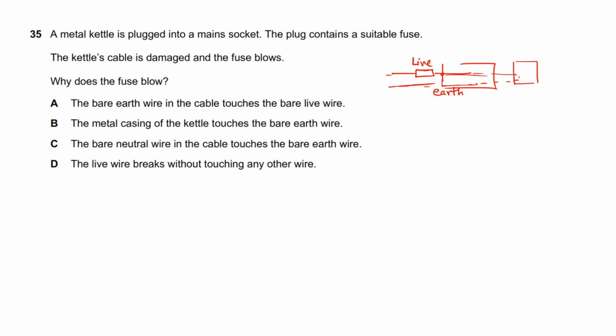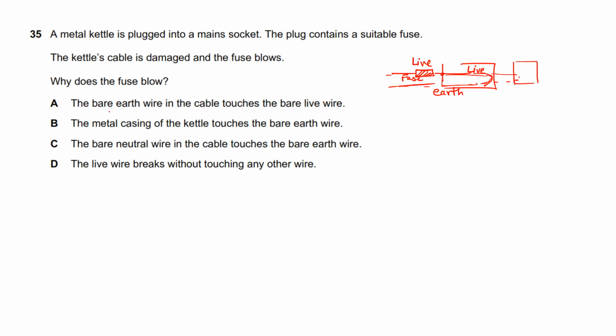A low resistance path is developed somehow because of breakage of the wire, and the live wire comes in contact with the earth wire. That results in a low resistance path and a very heavy current flows. And when a very heavy current flows, this fuse blows off or melts.